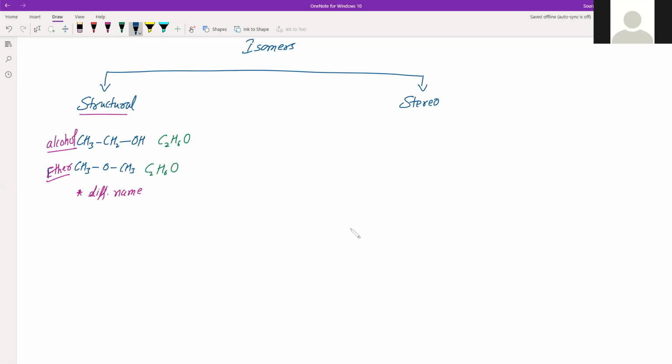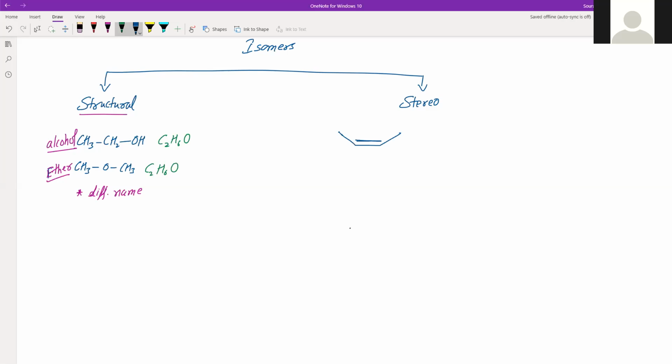Okay, the second category is stereo. That means the name is the same, and even the structure is the same, but there will be a different orientation in space, right? So for example, think of this structure. There are 1, 2, 3, 4 carbons. It is a butene, a 2-butene. Now, what does it mean?